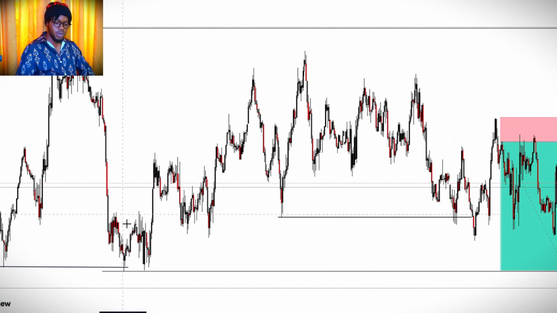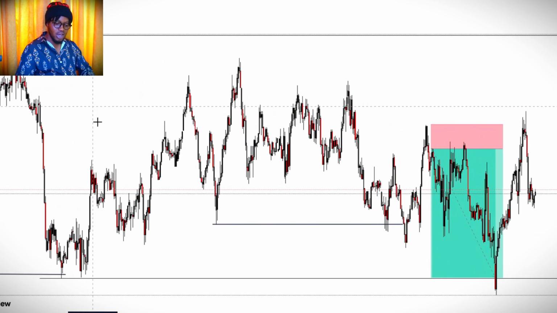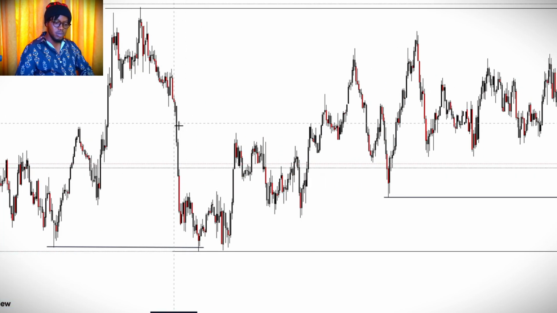Since price did not close below this low, it is just the candle wick that is closing below. So I waited, and I was having a pullback, and I said maybe price has not collected enough liquidity yet, because you can see multiple bearish candlesticks coming down to this point.